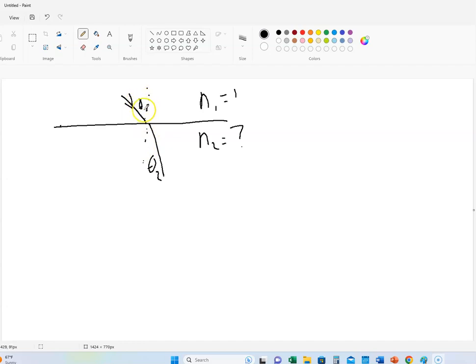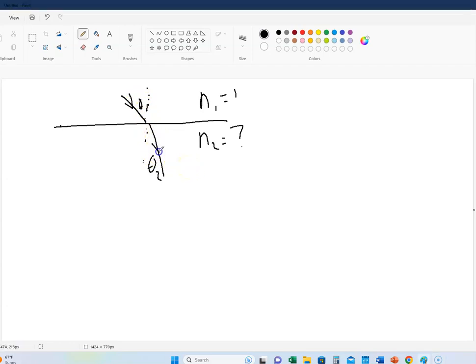This is the incident ray, and then it's going to come out in some new material, and we're trying to figure out the index of refraction of that new material. If we know what theta 1 is, N1 is 1, so that means that it's air. Let's say that theta 1 was 30 degrees, just to make our lives easy.